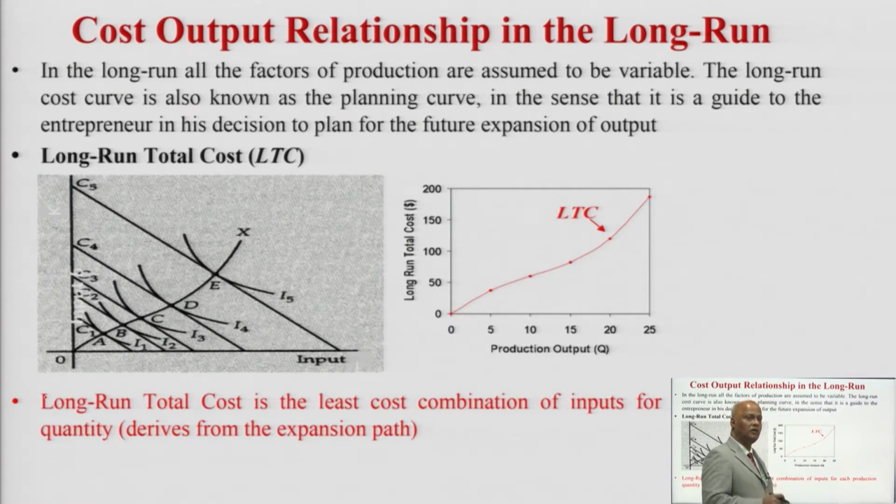So, all these fixed costs involved, whatever we have discussed in the short run, here there is no concept of fixed cost. All these are variable costs. That means they can change with respect to the change in the output.